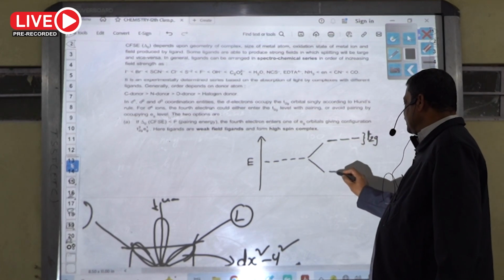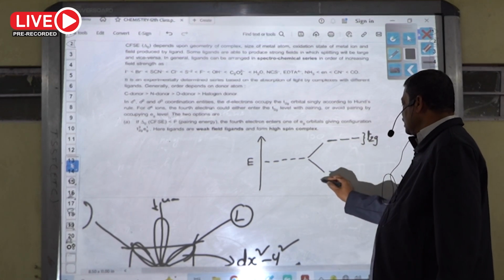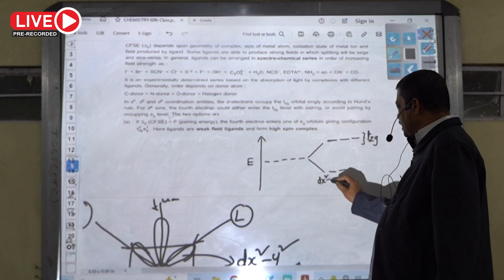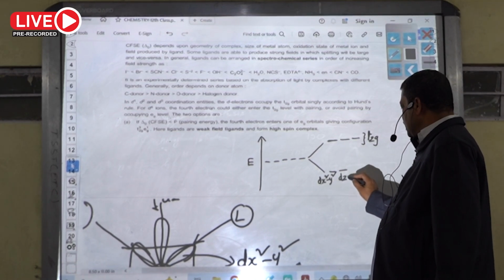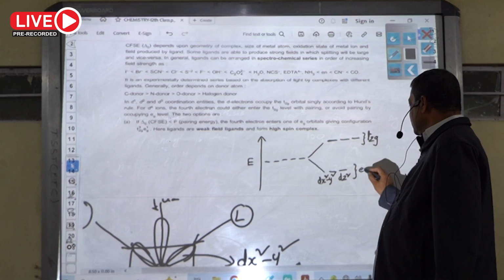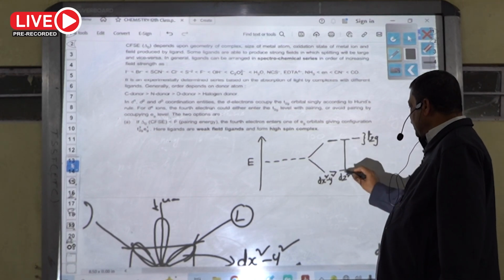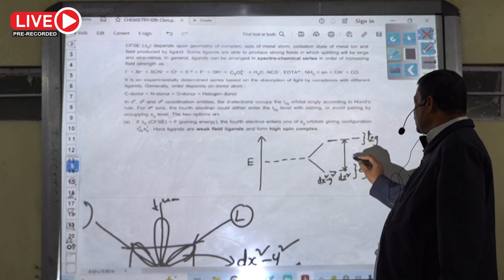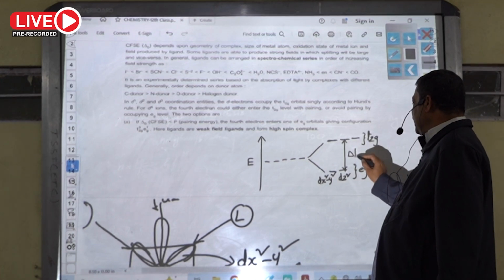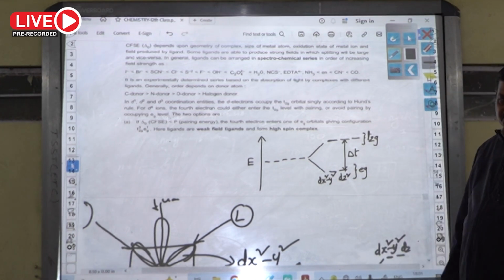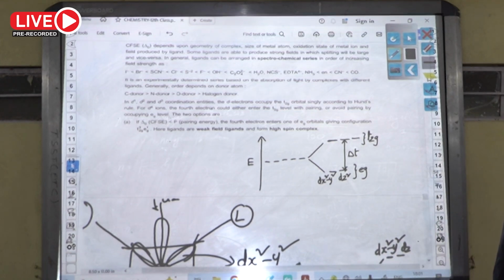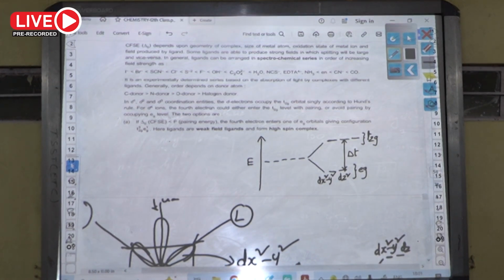This is dx square y square and dz square, this is eg. This splitting energy is called delta T, not delta naught. Delta naught represents splitting energy in octahedral field. Delta T represents splitting energy in tetrahedral field.